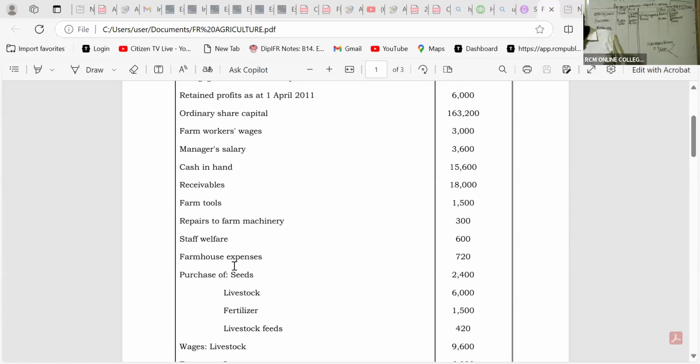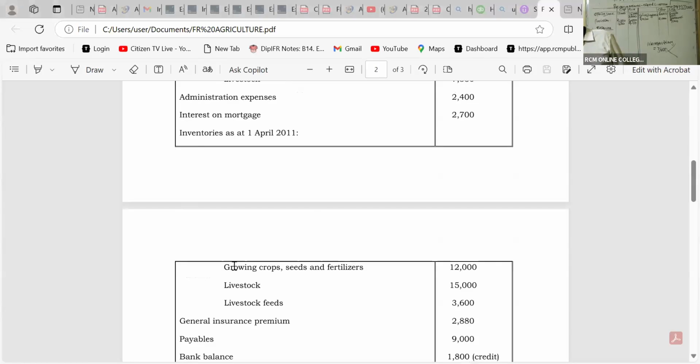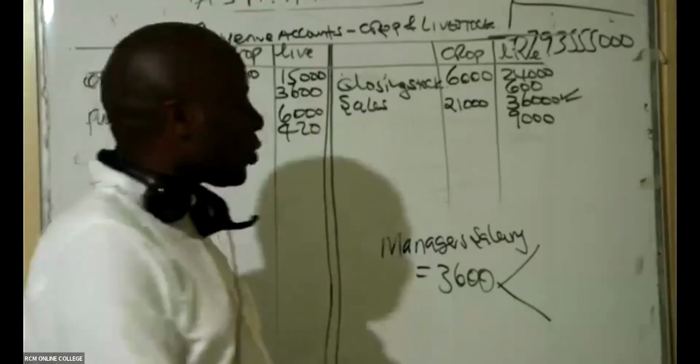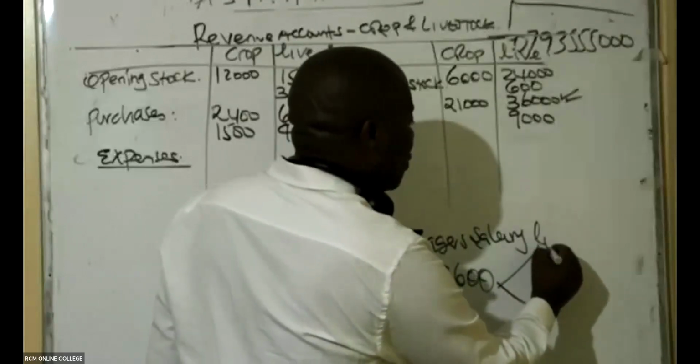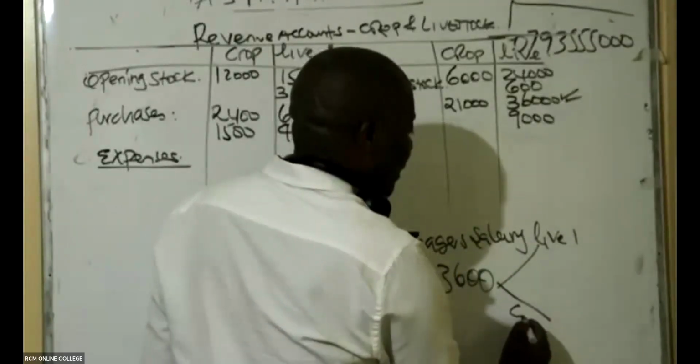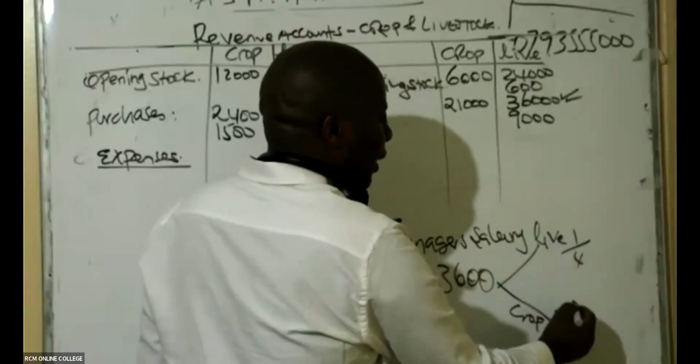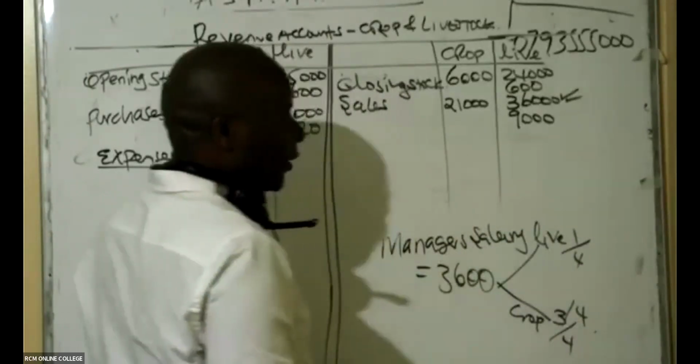In what criteria? They have told us very vividly: manager's salary is to be charged to the livestock and the crop revenue accounts in the ratio 1:3. So 1 is for livestock, 3 is for crop. So these are 4 portions. This will be a quarter, and this will be 3 quarters.